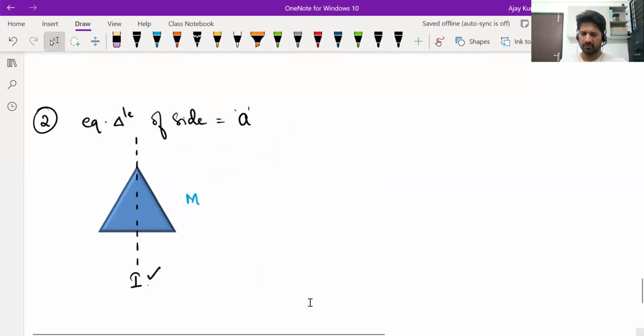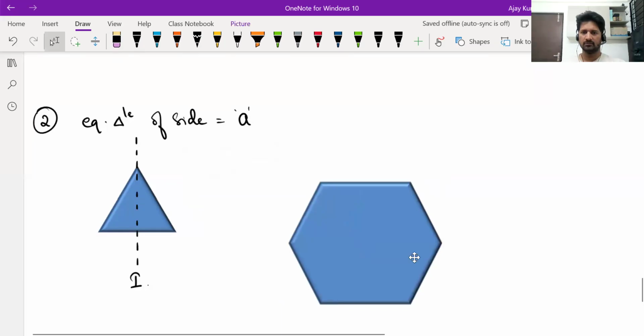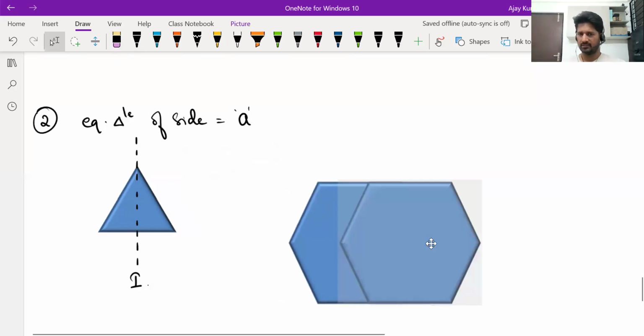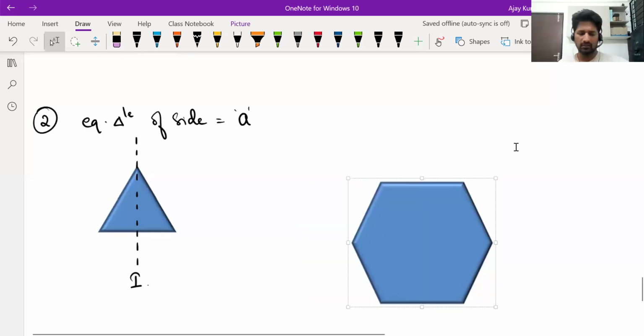Moment of inertia I is given to you. You have to find out the moment of inertia of this hexagon now. And how are they related? I'm telling you that the hexagon's side is also A itself. And about which axis do you have to find out?